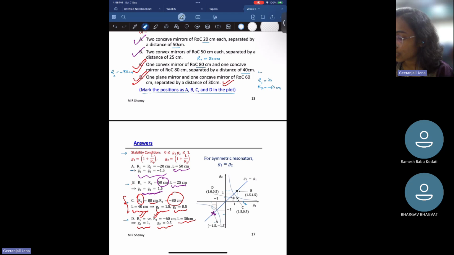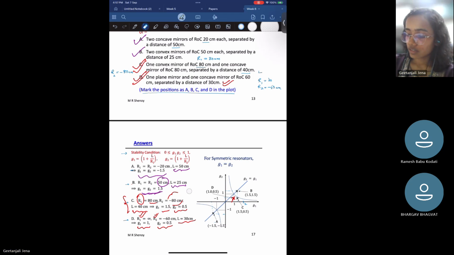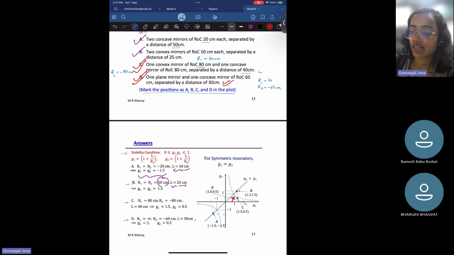If you want to locate this point, it will lie here. So this point is also inside the shaded region, so this also forms a stable resonator. So only the C and D points are lying inside this shaded region. So they will form a stable resonator if we take this setup to form a mirror resonator.